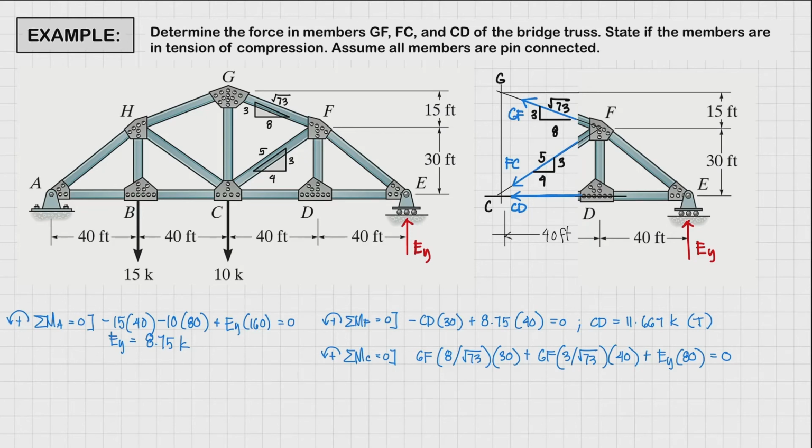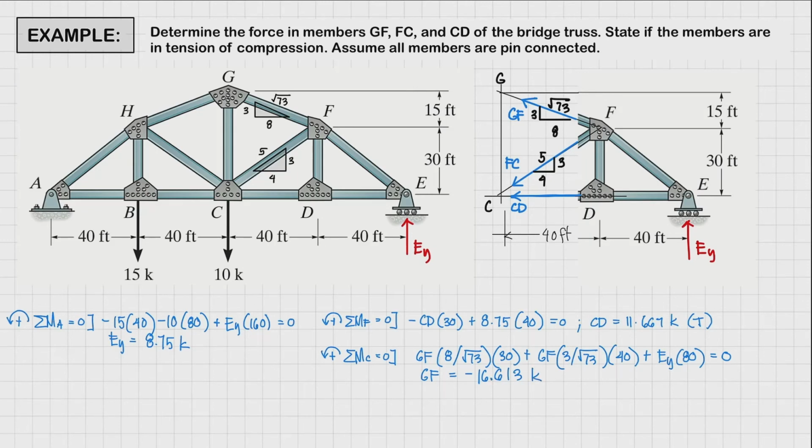We have already solved EY earlier, which is 8.75. We only have one unknown, which is GF. So we have one equation, one unknown. Solving for GF, we'd get negative 16.613 kips.